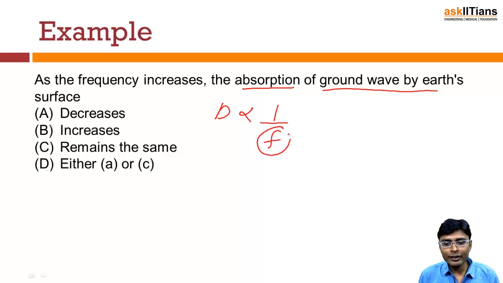That means if the frequency is higher, the distance will be lesser, and if the frequency is lesser, the distance will be higher. This is because as the frequency increases, the absorption of the ground waves by the Earth's surface increases. Therefore, the waves cannot propagate for a long distance, right?